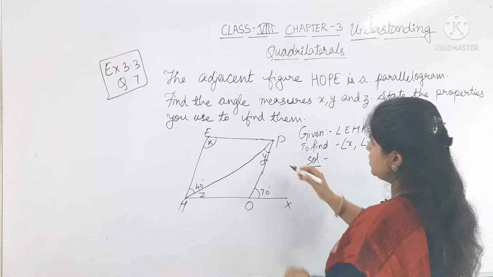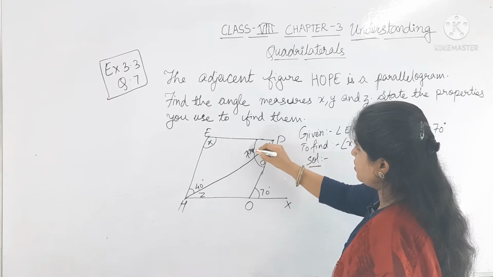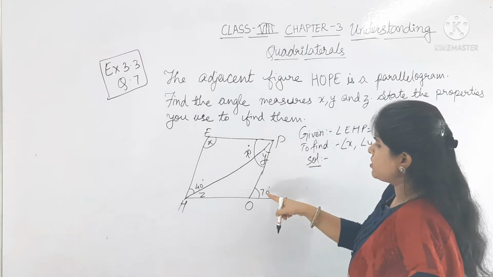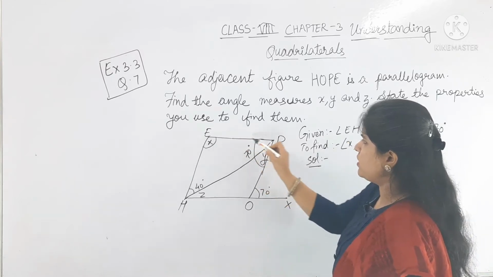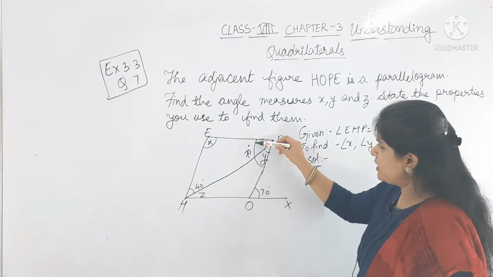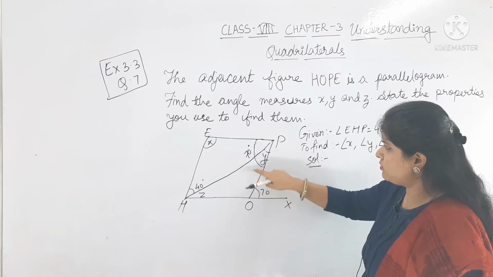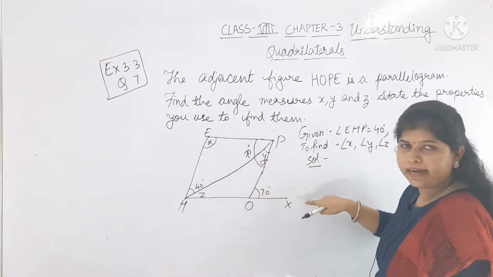So you can see here we have to find this angle. This is 70 degree and you can see that this is making Z. Okay, so under Z this one and this one. Okay, this will be under this Z.